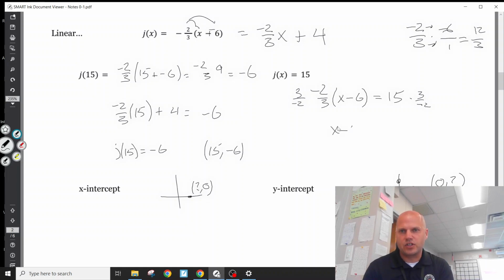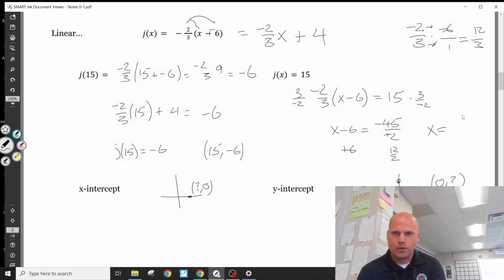That gets rid of it and leaves just an x minus 6 here. 15 times 3 divided by negative 2 is 45 over negative 2. And now I have to add 6. 6 is the same as 12 halves. You need to be comfortable with adding and subtracting numbers. So 45, 35, 33.